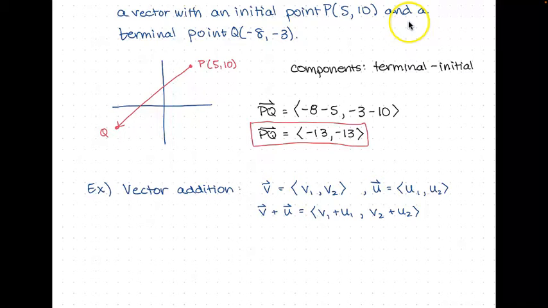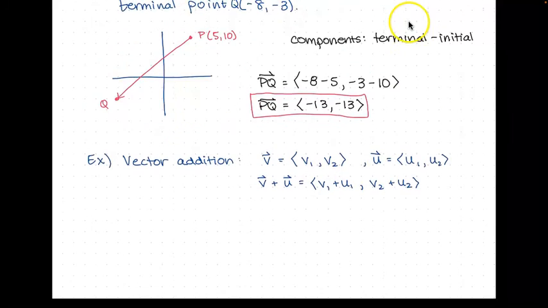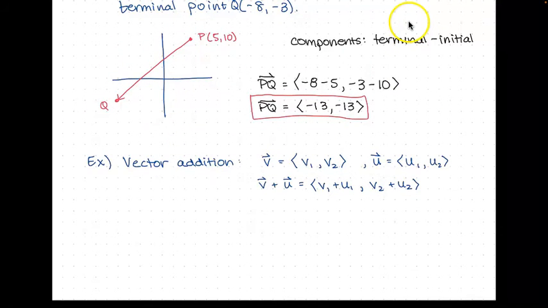If you're going to do it geometrically, well, people call it head to tail. Some people call it parallelogram method. Whatever you want. Let's say that this is vector v, and I want to add a vector u to it. Imagine vector u, they call it head to tail because you draw them head to tail.